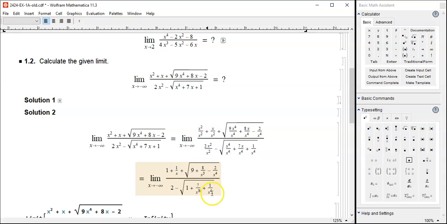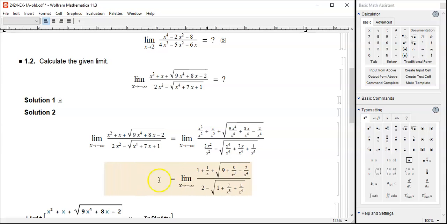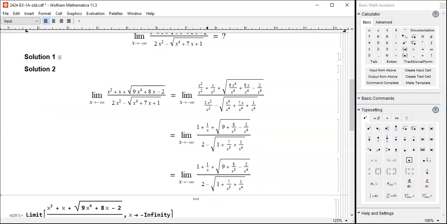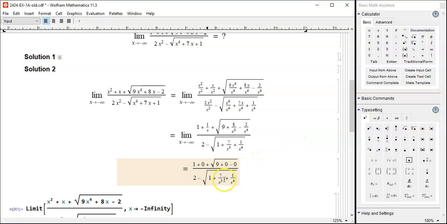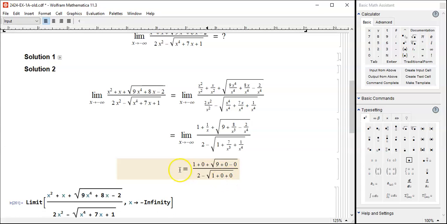Okay, I guess everything is all set. And then we can apply the limit rule. 1 over infinity goes to 0. And 1 over infinity goes to 0. And that 2 goes to 0. That goes to 0. And that goes to 0.